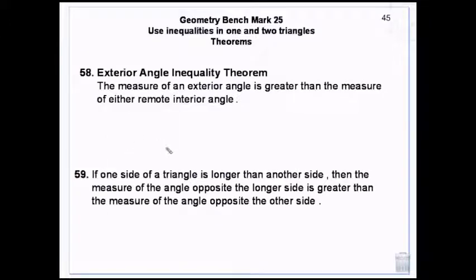Okay, so we have some triangle inequality theorems. If I call this angle 1 and this is angle 2 and that's angle 3, angle 1 is going to be greater than angle 2 and angle 1 is going to be greater than angle 3.